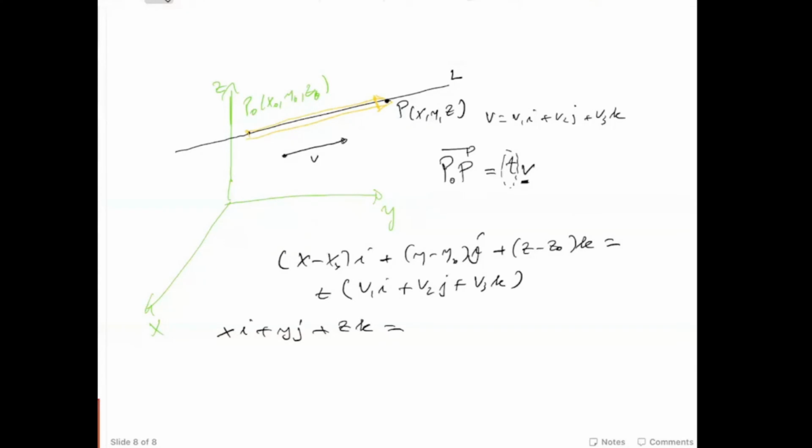And then we can send X0 to the other side, as well as Y0. That will be plus X0 i plus Y0 j plus Z0 k, and then plus, I will have to keep this one as it is. This would be here.